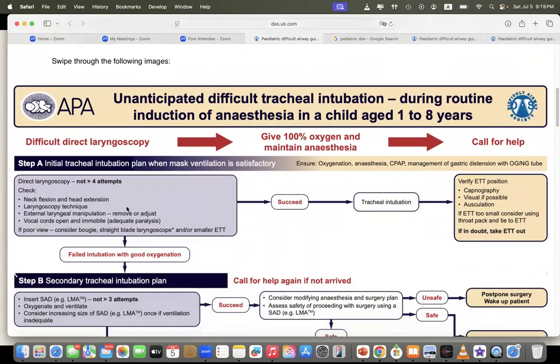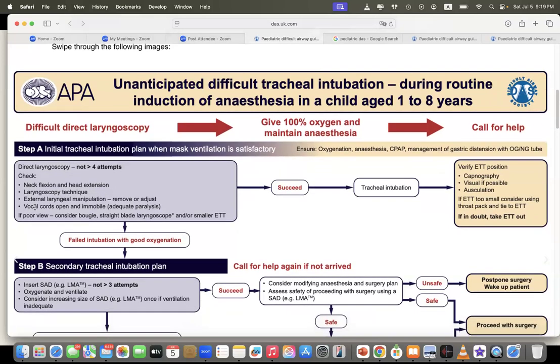So step A, which is the tracheal intubation, when the mask ventilation is satisfactory. So direct laryngoscopy, not more than 4 attempts. The most knowledgeable and the most skilled should do that. It's about the skills, not about the rank. So always remember, neck flexion and head extension is essential while feasible. Okay.